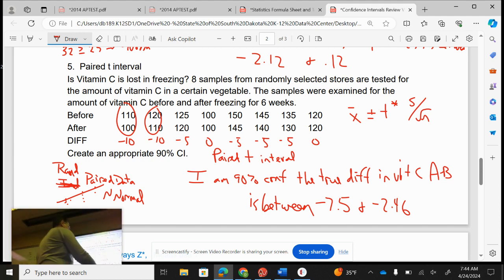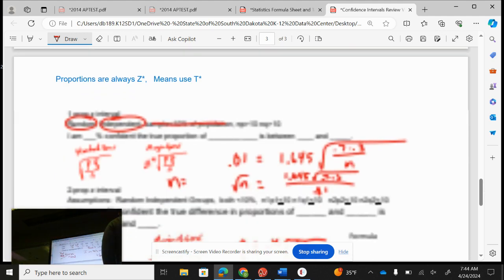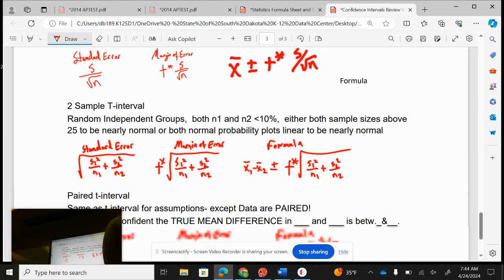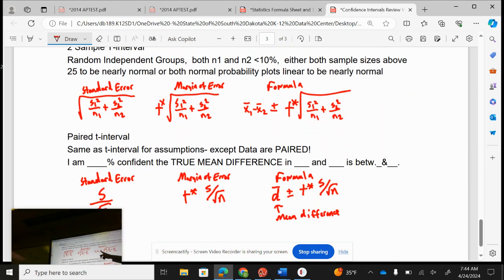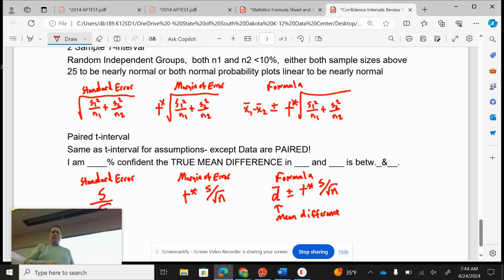I don't think I did the formula for this one, but that's the formula, X bar 1, X bar 2 for the one before that. All those are on there. It will benefit you to study those. If you do one of the practice tests that I've released on AP Classroom, hopefully you familiarize yourself with those formulas and that helps. Thanks for watching. Have a great day.